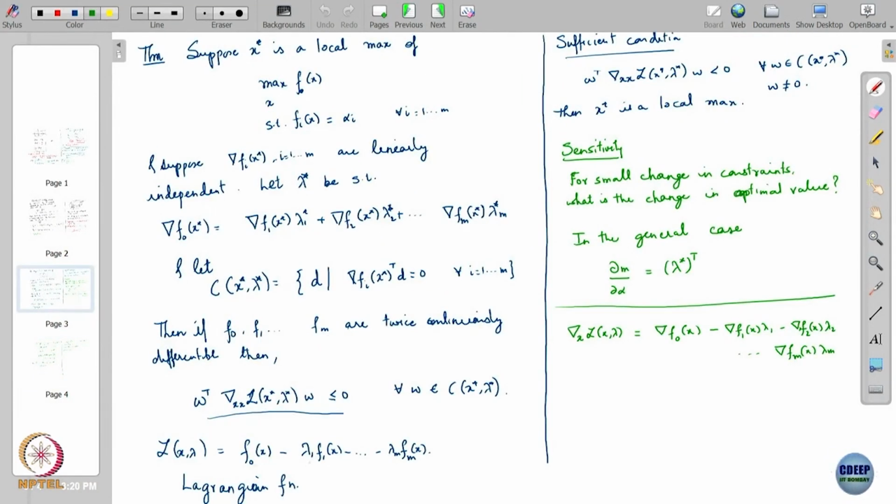The Lagrangian was linear, you are taking a linear combination of the constraints, right? So, the constraints were, so yeah, these constraints were written as f. Actually, I made a slight error here. Let me just correct that.